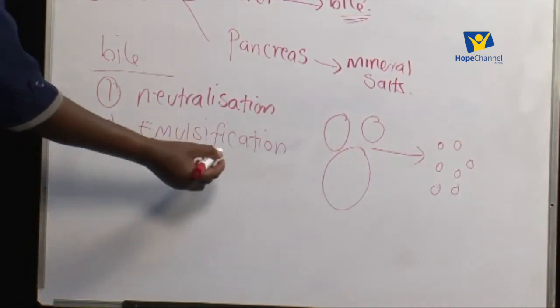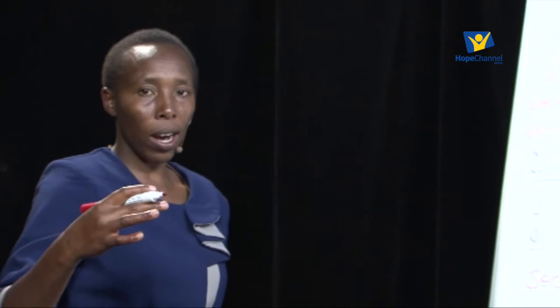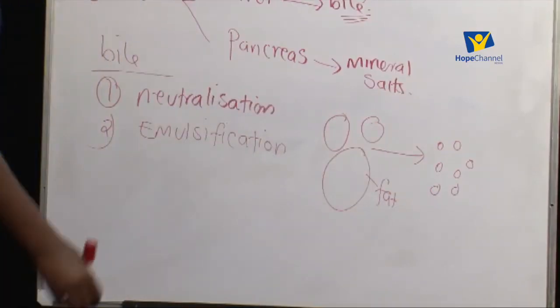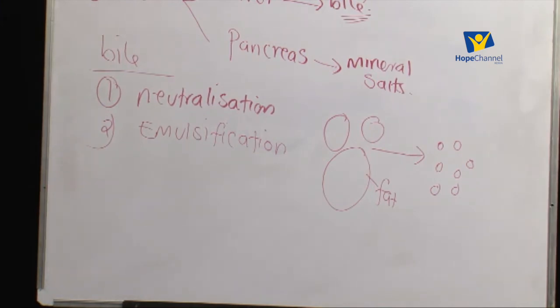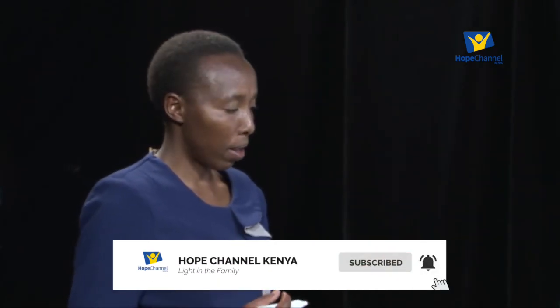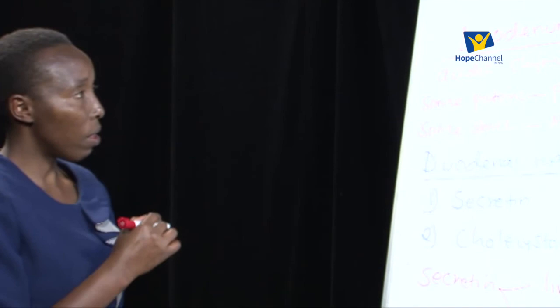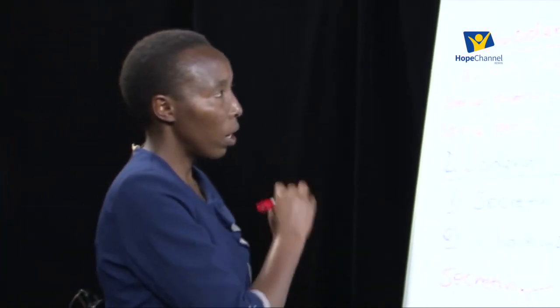Large molecules of fat are broken down into small and tiny fatty molecules. Why are we doing that? We want to increase the surface area for the enzymes to work best. Remember, there are enzymes that are going to break down the lipids. So far, we've not seen any lipids broken down, but the breakdown of the lipids starts in the duodenum, and that is why we have emulsification.